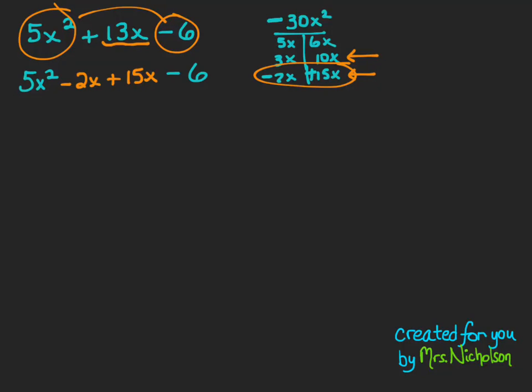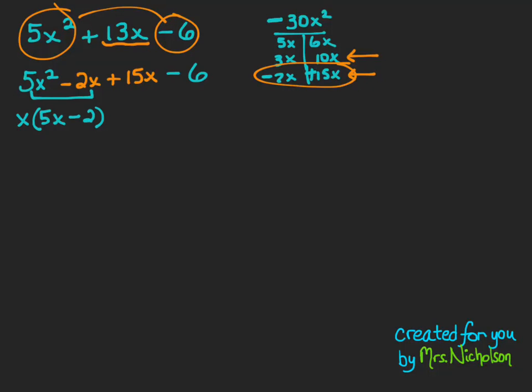Now I'm ready to factor by grouping. I'm going to group together the first two terms and see what common factor I can factor out of those two numbers. Well, the only thing those have in common is an x. So I'm going to factor out an x. If I factor out an x from 5x squared, then I have 5x. If I factor out an x from minus 2x, then I'm left with minus 2.